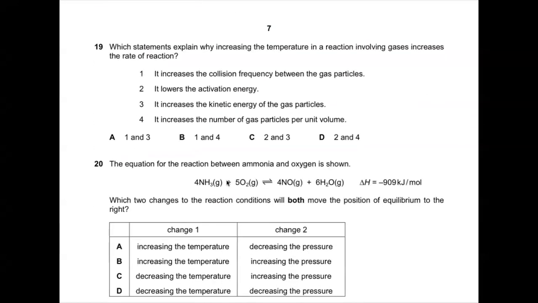Now, which statement explains why increasing the temperature in the reaction involving gases increases the rate of reaction?